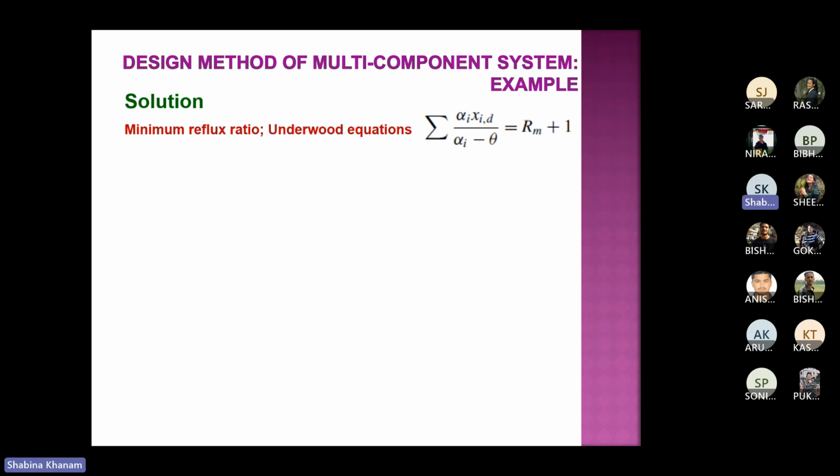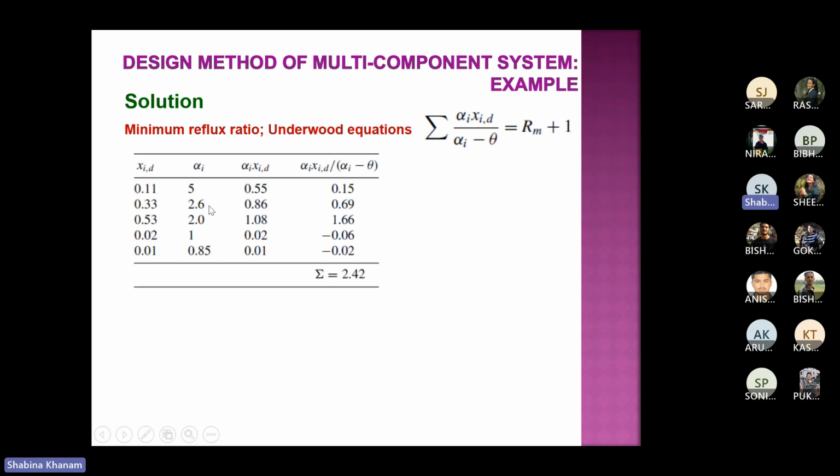So this is the expression of Underwood's equation, where this term is equated to Rm plus 1, that is the minimum reflux ratio. XD I is already given to you. When you consider this XID, you are basically given the total flow.